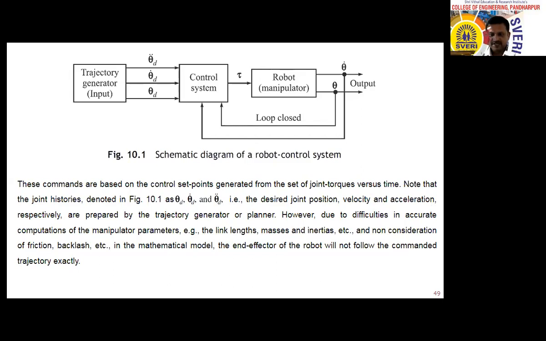However, due to difficulties in accurate computation of the manipulator parameters, for example, the link lengths, masses, and inertia, and non-consideration of friction, backlash, etc., in the mathematical model, the end effector of the robot will not follow the commanded trajectory exactly.